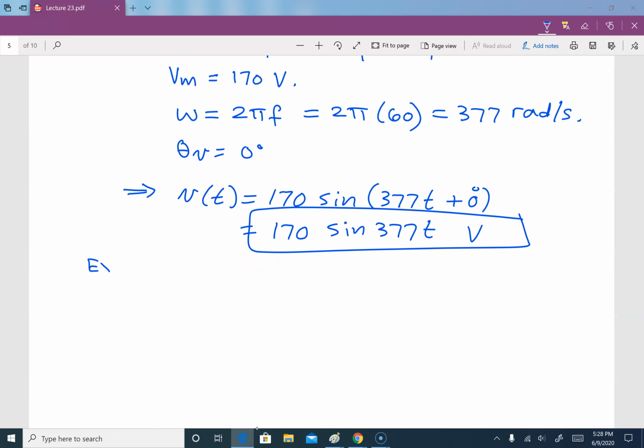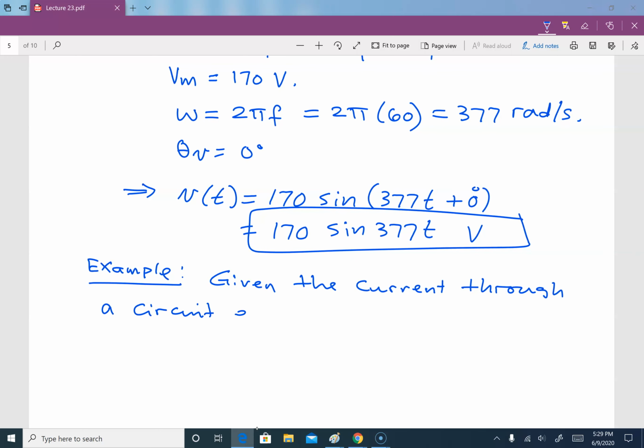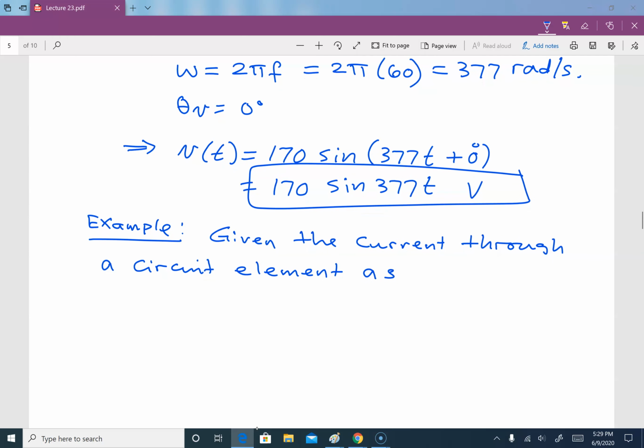Let us go over another example here. Given the current through a circuit element as i of t equals 3 times 10 to negative 3 sine 754t plus 25 degrees, and that is in ampere.